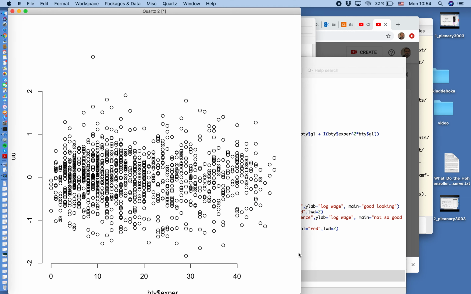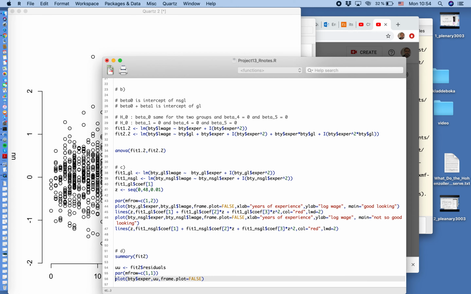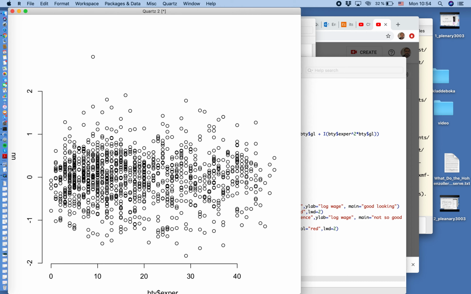So here's our plot of the residuals. We can add a main title: Residuals model 2. So what are these residuals supposed to look like? Well, we talked quite a lot about that in the lecture on Thursday.